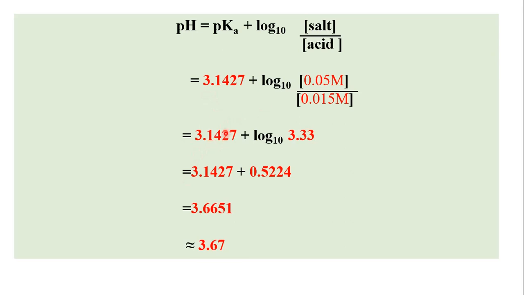Therefore 3.1427 plus log to the base 10 of 3.33. Log of 3.33 is 0.5224. So 3.1427 plus 0.5224 is equal to 3.6651, nearly equal to 3.67. So thus you can calculate the pH of acidic buffer.